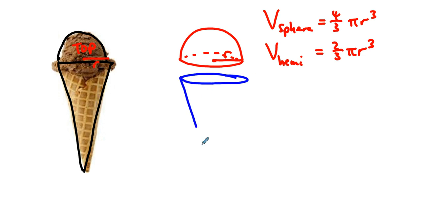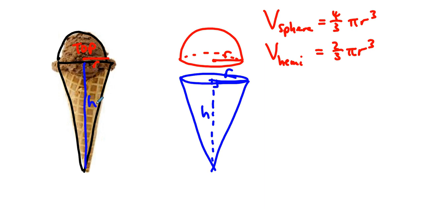Well, you get a cone, and that cone has a base radius, which is conveniently the same as the hemisphere's radius, and you get a height. And you would have to estimate what that height is based on the picture or context or your knowledge of ice cream cones or something.